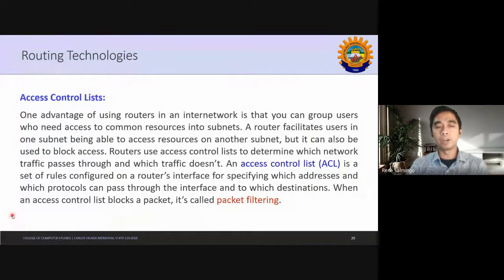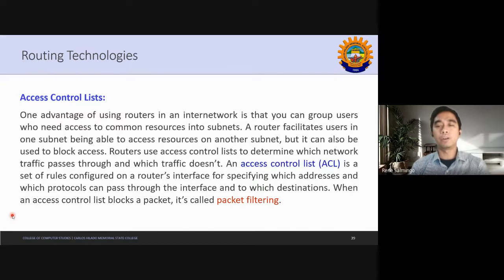The last part we have after routing protocols is access control lists in your router. One advantage of using routers in an internetwork is that you can group users who need access to common resources into subnets.